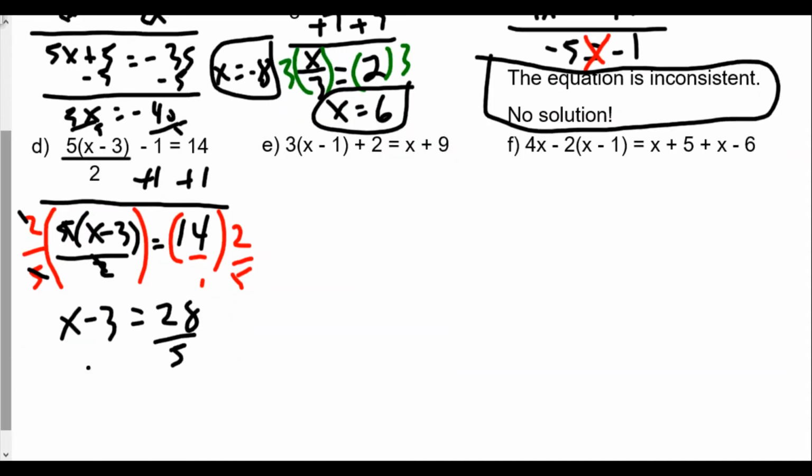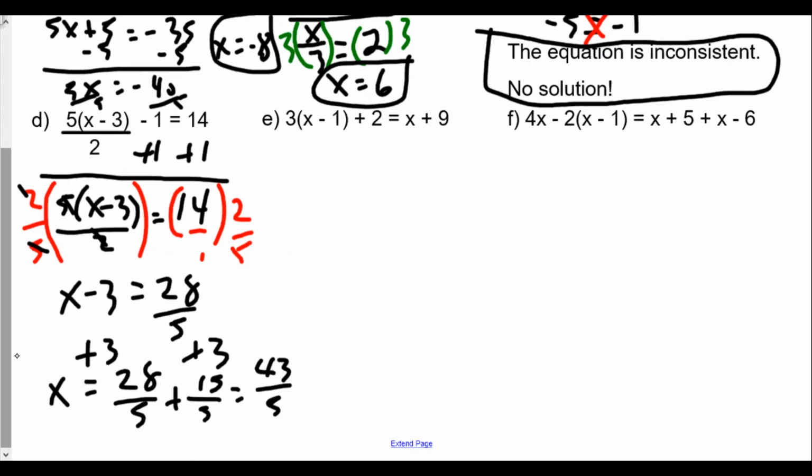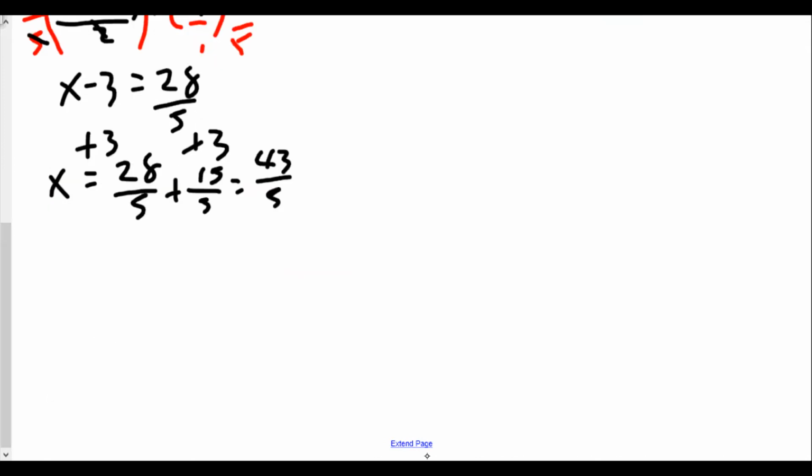Okay? And now add 3 to both sides. Well, x is equal to 28 over 5 plus 15 over 5, because that's what 3 is equal to. And that's equal to 43 over 5. Now, if we want to go further and find this as a mixed number, x here would equal, well, 5 goes into 43 eight times, with a remainder of 3.